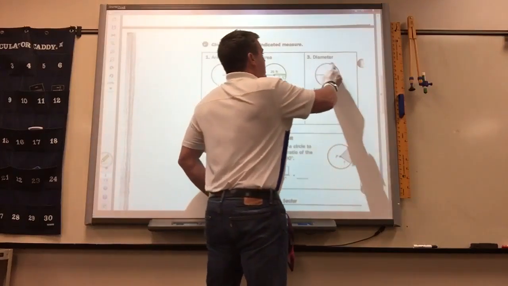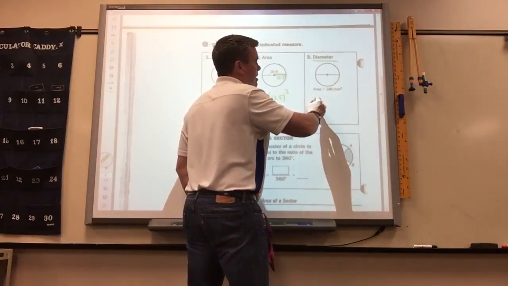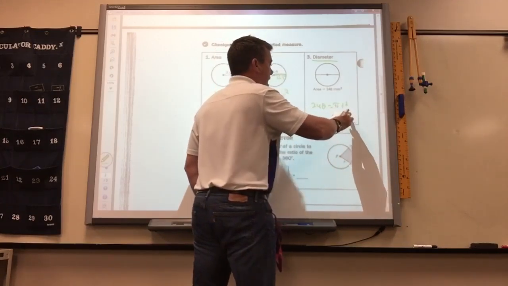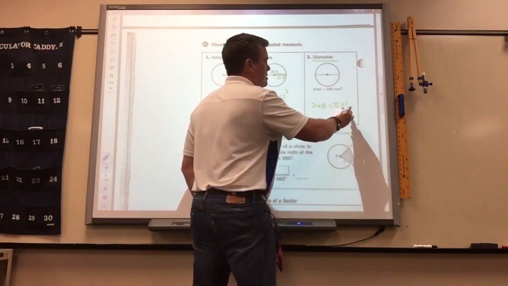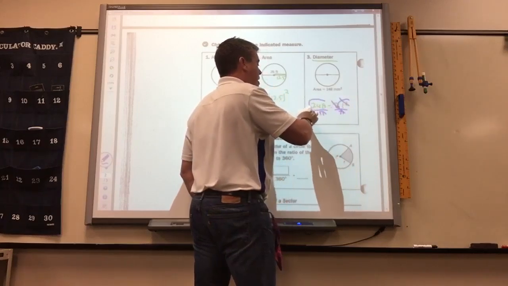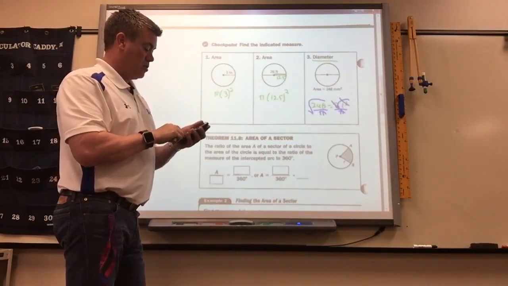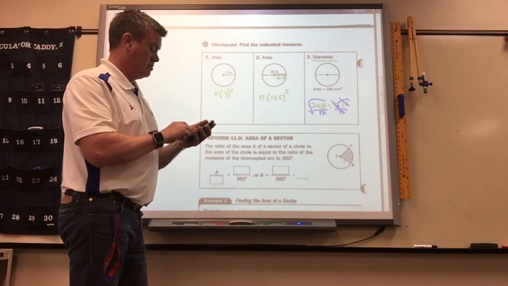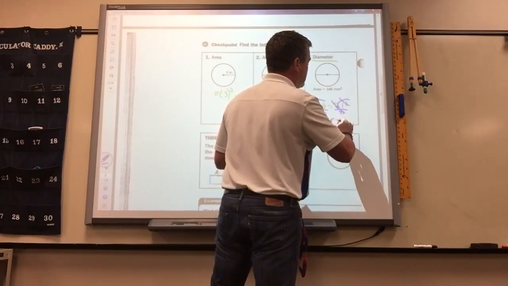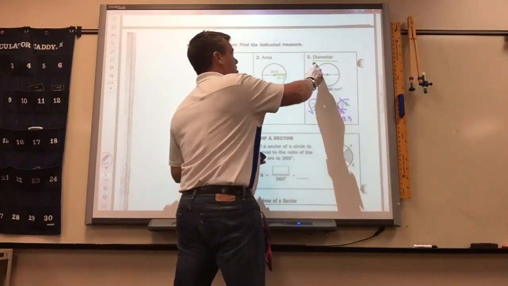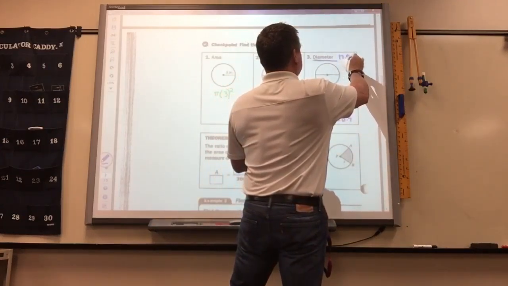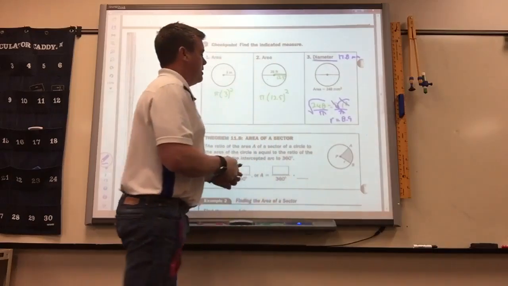And then when they're looking for the diameter, you got to take the area and divide it by pi, and then you have to square root it. So the square root of 248 divided by pi is 8.88, but that's the radius. So you got to double it to find the diameter, 17.8 millimeters, since that's millimeters squared.